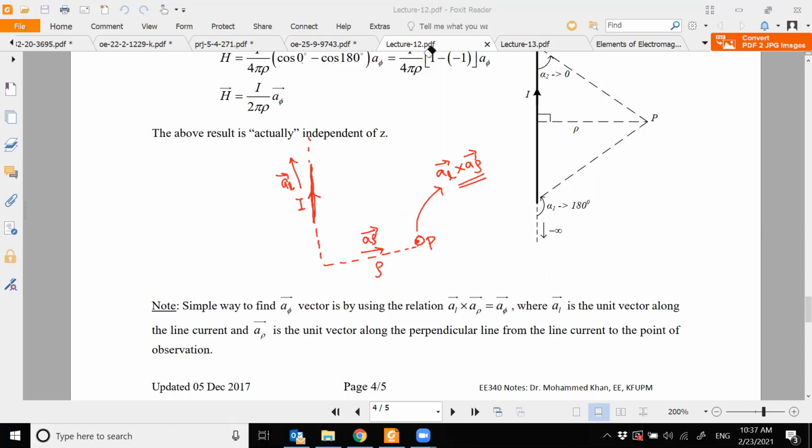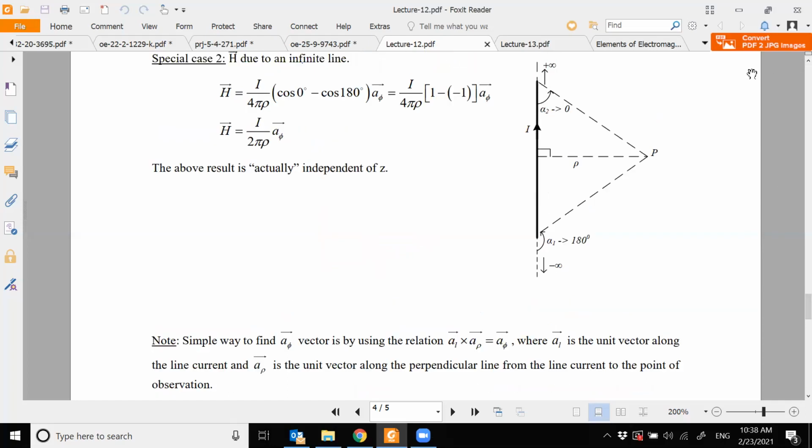Doctor, why is AL upward, not downward? AL takes the direction of your current. So if my direction of the current is upwards, see here, my direction of the current is upwards, therefore my AL will take the direction upwards. For the previous example, AZ was downward.